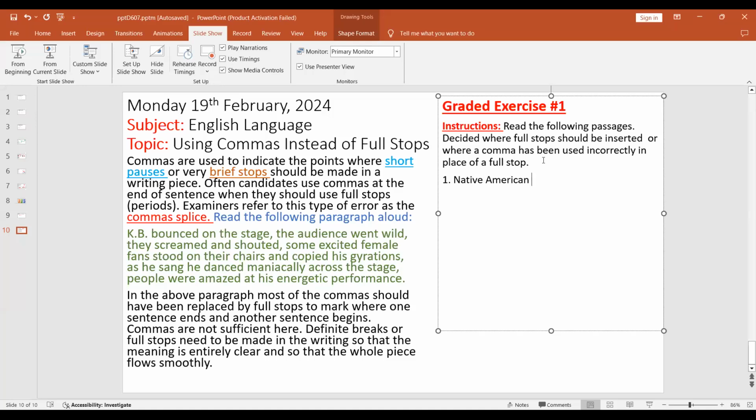Yes, sir. So Native American Indians traveled from Florida in the 19th century. They were being chased by American soldiers in the Creek War.